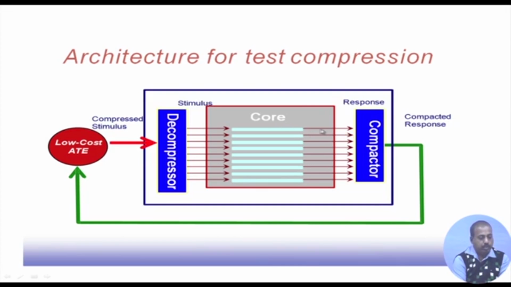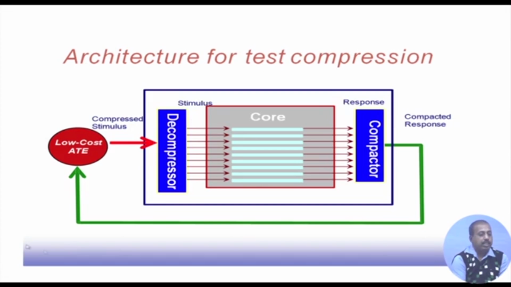The outputs are collected by a response compactor, and the compacted response will come back to the ATE. The ATE will do the comparison with respect to this compacted response only.